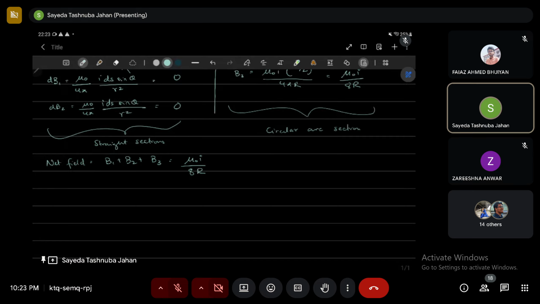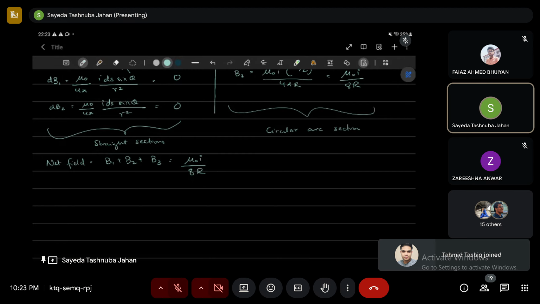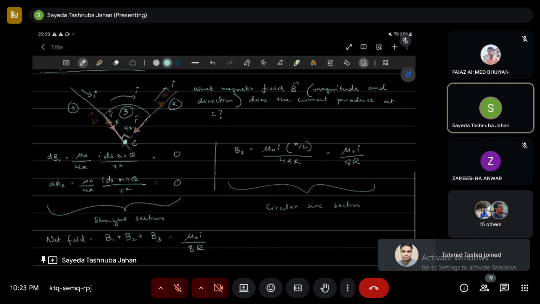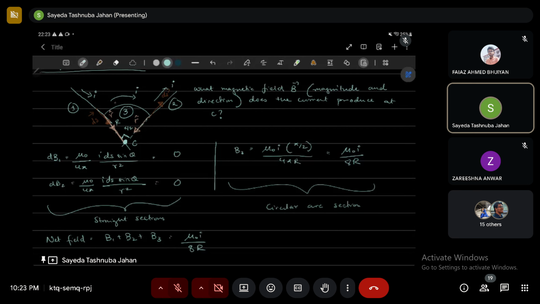Now the next question is, what is the direction of the magnetic field, right? We have found the magnitude, now which direction will the magnetic field be in? In that case we can of course use the right hand rule again. Since the only magnetic field is coming from this section, we have to use the right hand rule here. So again hold your right hand thumb in the direction of the current. So basically if you want to draw this, let's say this is your hand, and your thumb is going to be in this direction.